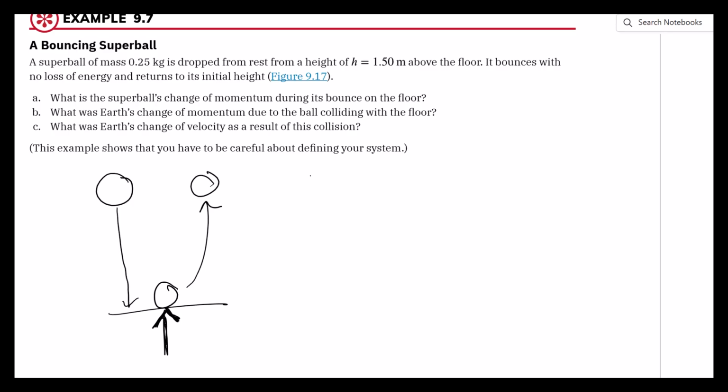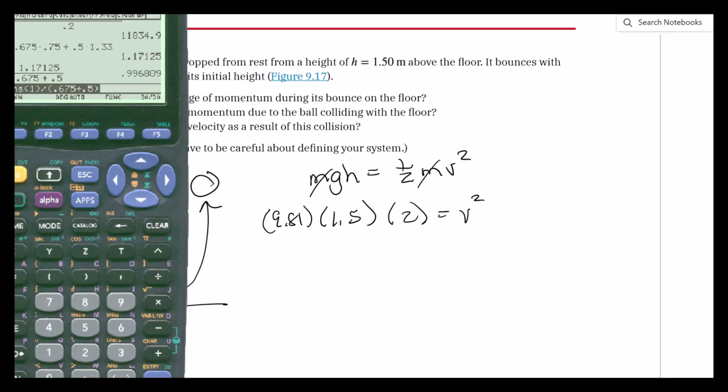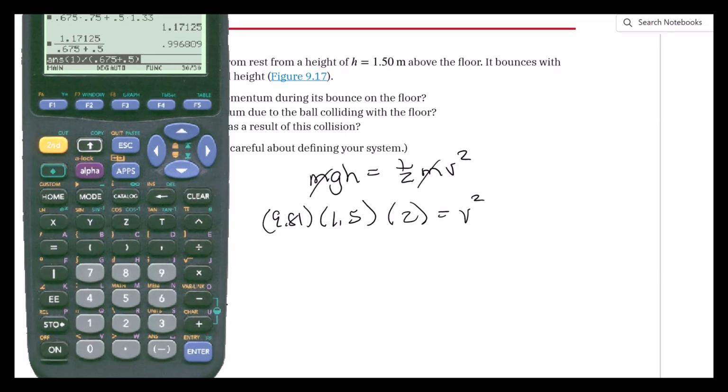So I know mgh is 1/2 mv squared, so m doesn't matter. 1.5 times 9.81 times 2 is going to give me v squared. I just want to know how fast it's going to be when it hits the ground. I don't know that I'm going to need it, but I'm trying to get to know this problem better. I'm going to square root this. Okay, so it's got a velocity of 5.42.